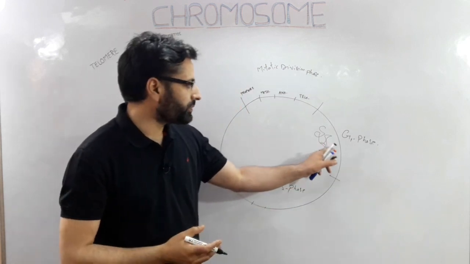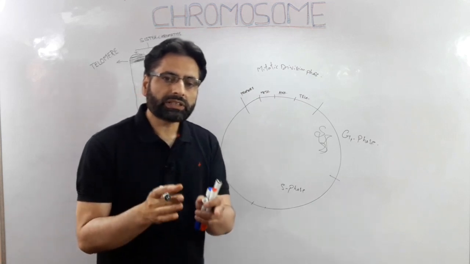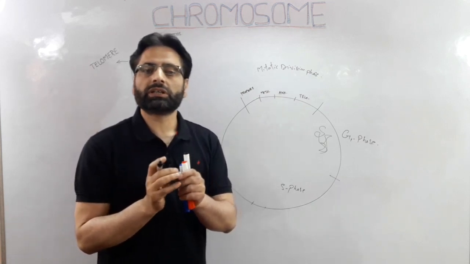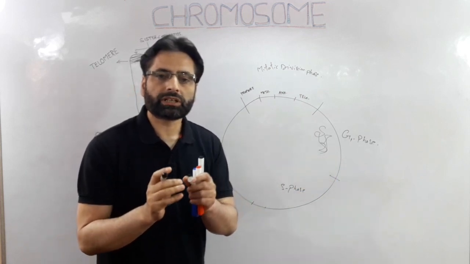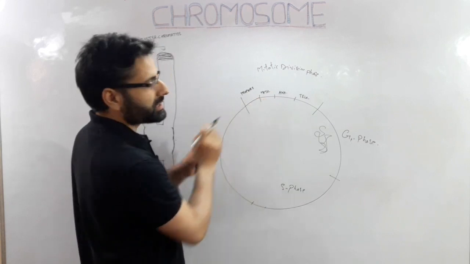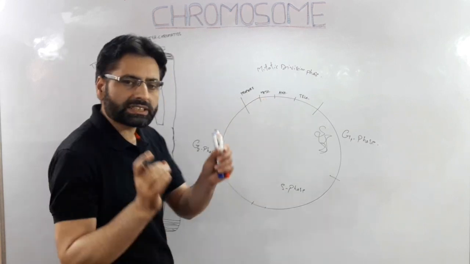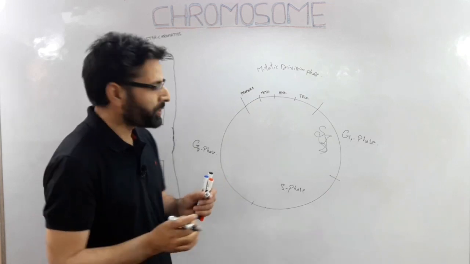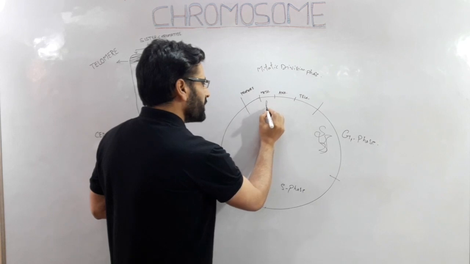In these phases you cannot distinguish individual chromosomes because the material is in the form of thread-like chromatin fiber. Once it approaches the division phase, the chromatin gets highly condensed, and in late prophase it has a shape like this.